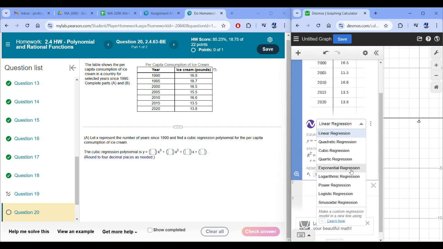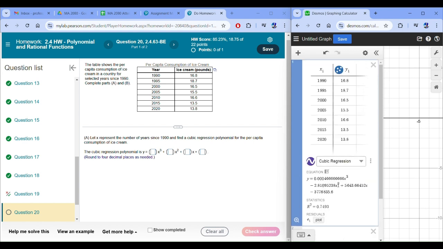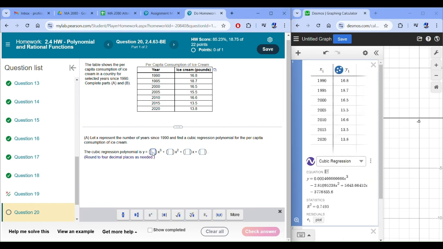Regression. What do they want? Cubic, 4 decimal places. 0.1235, because 4, 6. And then I have negative 2.81. No, that's going to be a 5. So 2.81, 1, 2, 3.